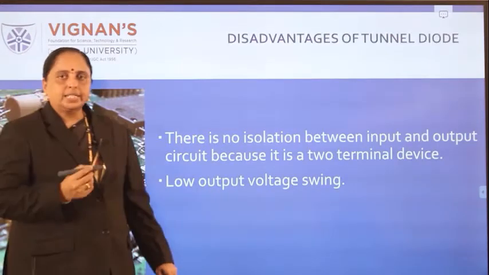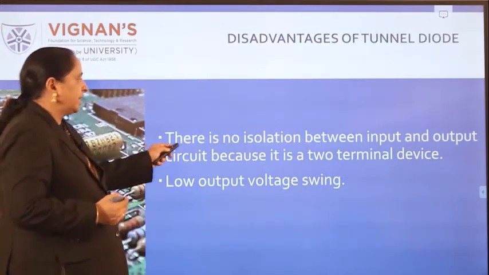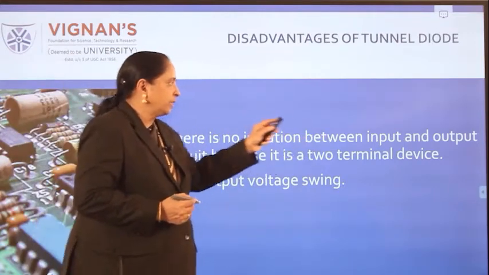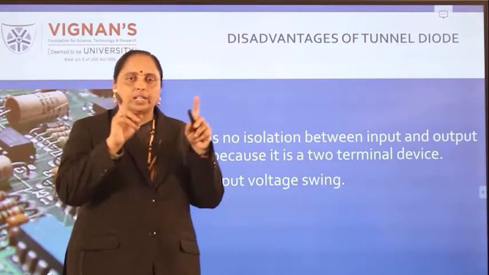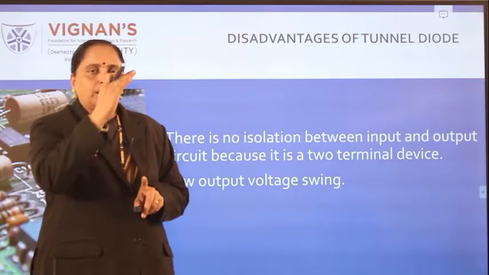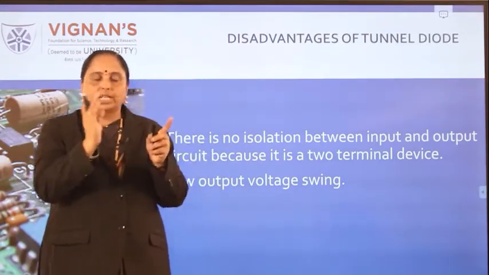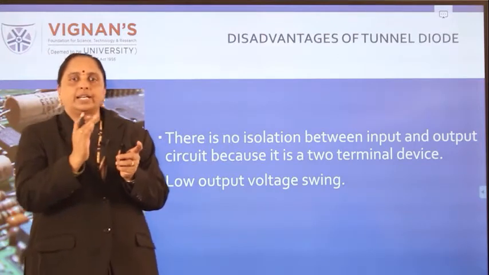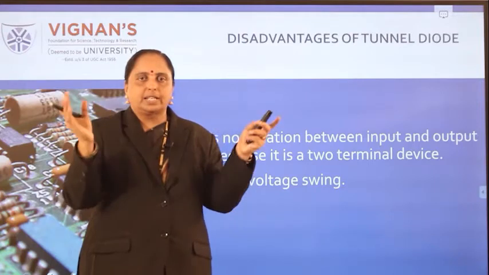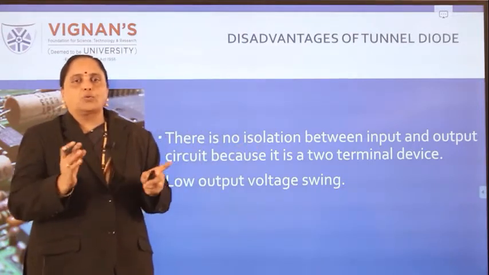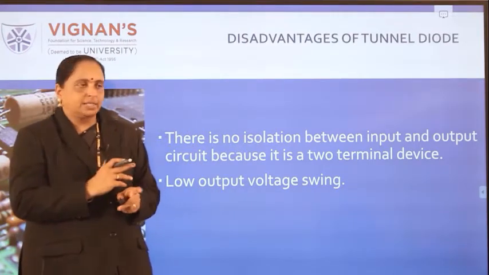Then the main disadvantage of this tunnel diode is that there is no isolation between input and output circuit. See, this is also a two-terminal device. The only division between P and N is the depletion layer. Once the depletion layer disappears, there is no proper control of the flow of carriers from one side to the other.